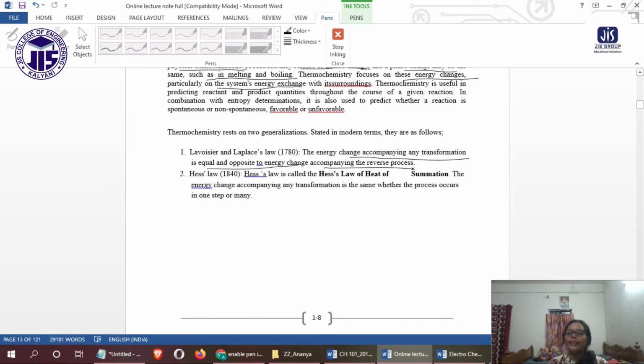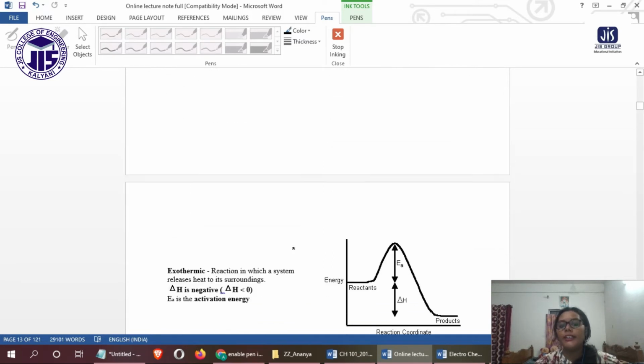So in the forward reaction, whatever energy we require for the transformation, in the backward reaction the same and opposite energy is required. According to Hess's law of heat summation, the energy change accompanying a transformation is the same whether the process occurs in one step or many steps. So this is called Hess's law.